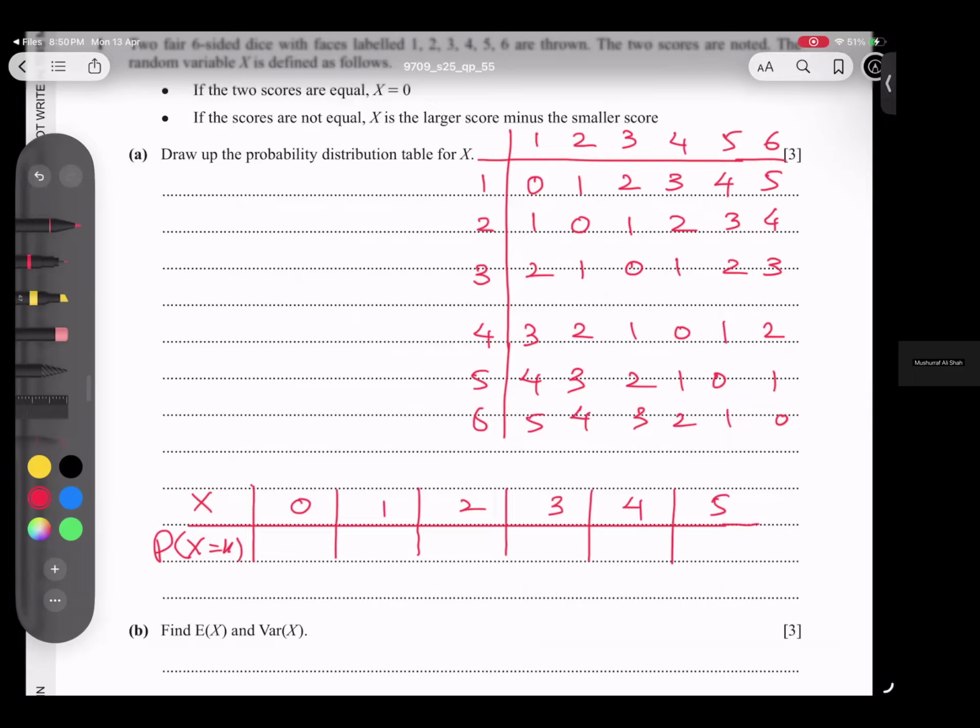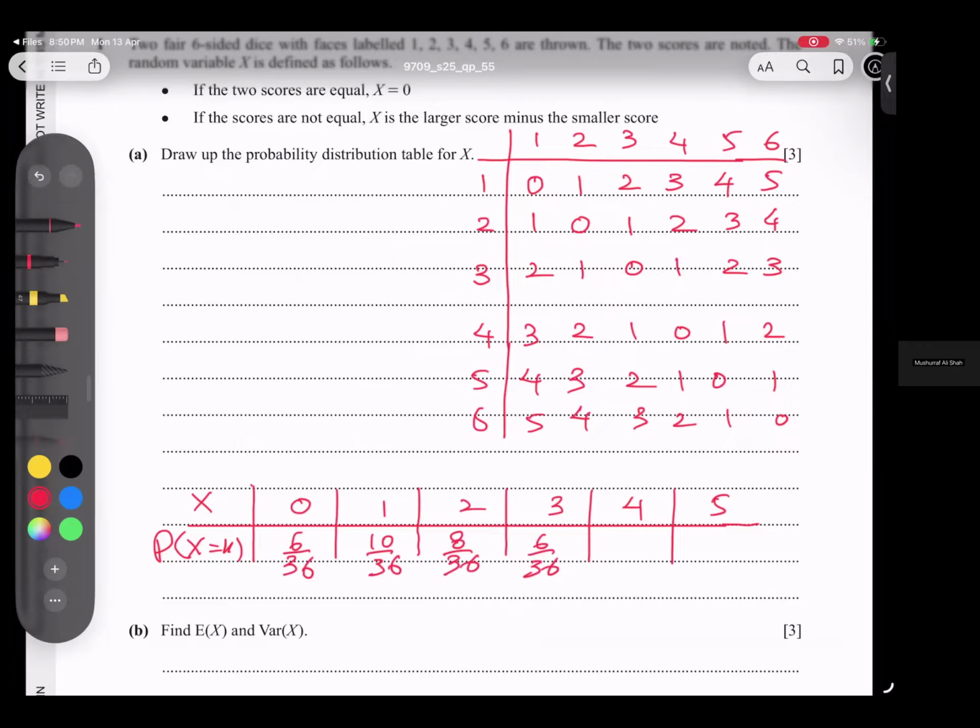And now students, we can check it. How many zeros? There are 6 zeros out of 36. How many ones? 1, 2, 3, 4, 5, 6, 7, 8, 9, and 10. So 10 over 36. And the 2s are 4 plus 4, 8. How many 3s? 3 plus 3, 6.